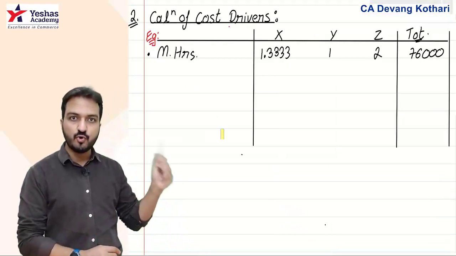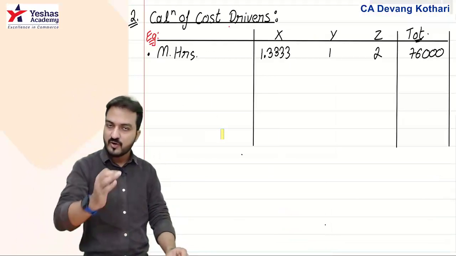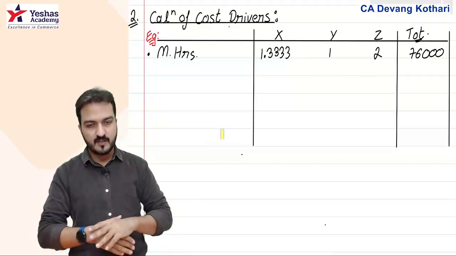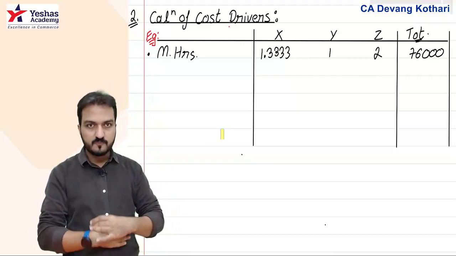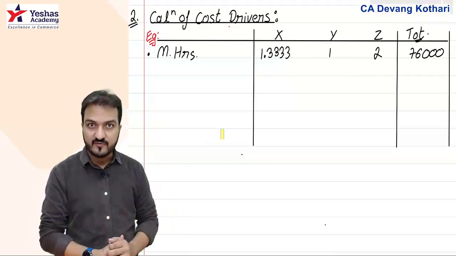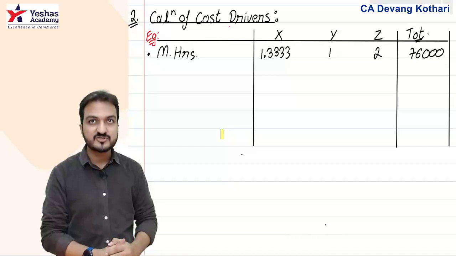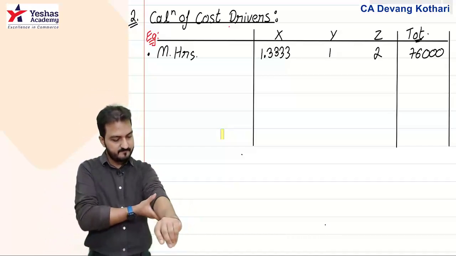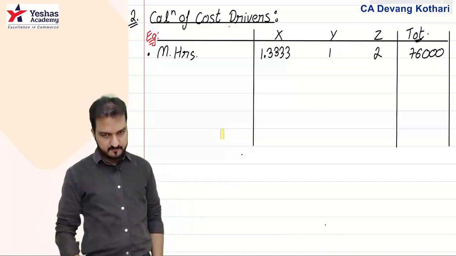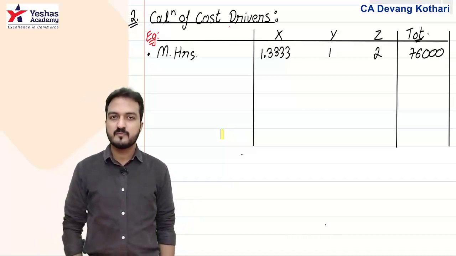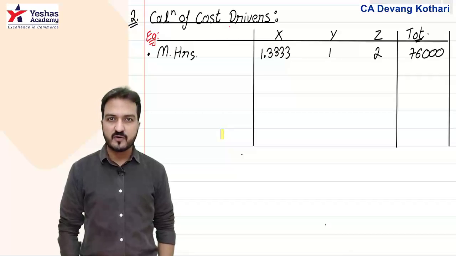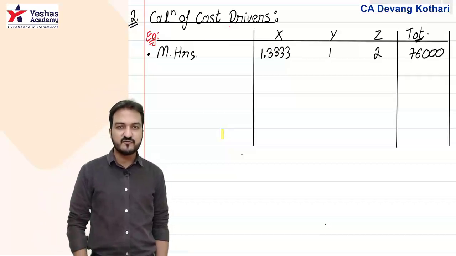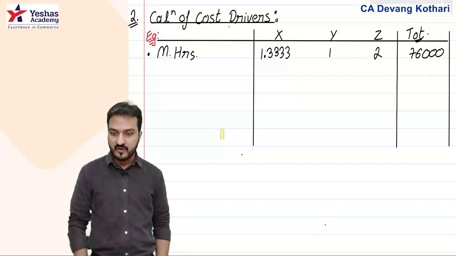So my first rule under note number 2. Within note number 2, don't copy this example yet. Instead, write down one rule that I dictate. Total cost driver is used for calculating the cost driver rate.